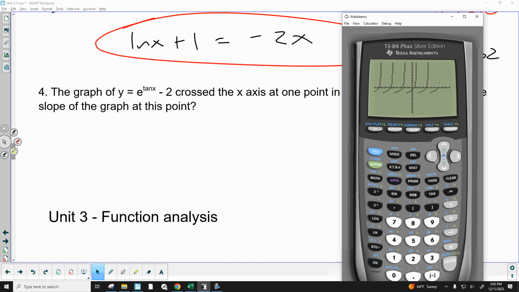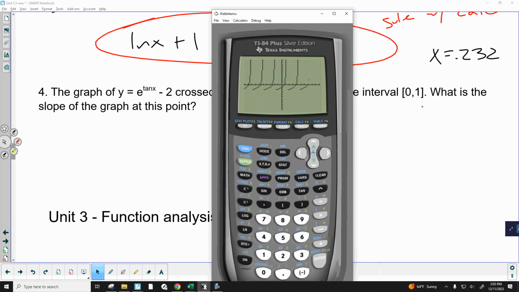Sometimes you'll try to graph something and it's like, man, this graph is taking forever. I don't really want the entire graph. I just want a section of the graph. Everybody, the on button pauses graphs. Okay, so I just paused because I really just want the interval from 0 to 1. So everybody, you will introduce yourself to window.